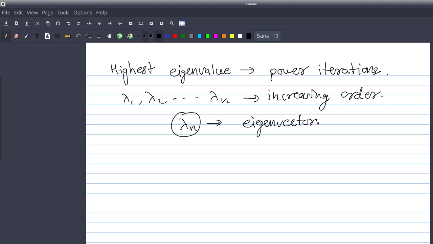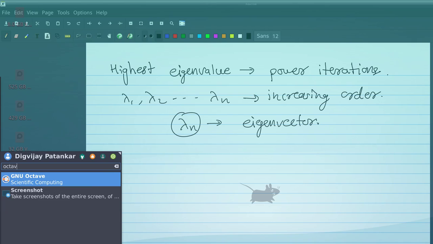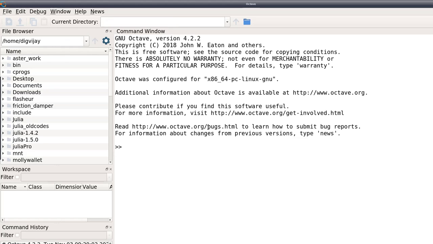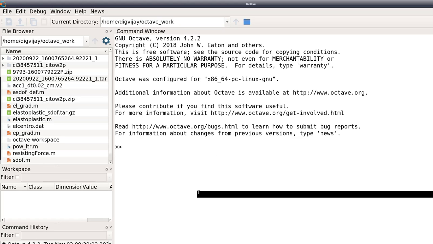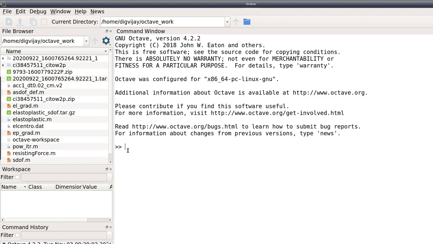Okay, now let us try to see how the iterations work out in Octave. I have written a code, I will show you. Okay, can you see the screen? Yes, sir.